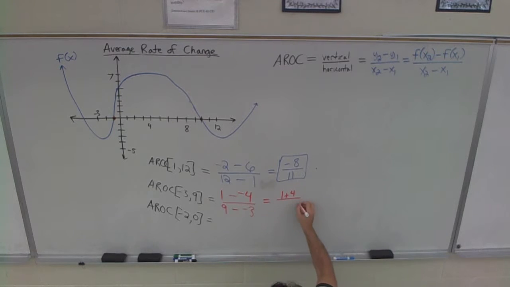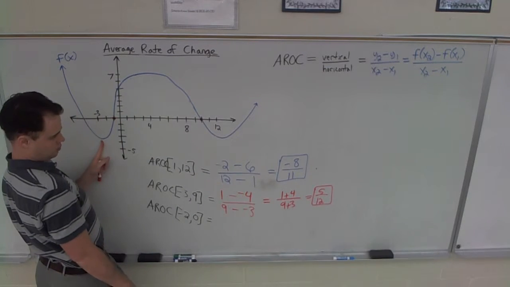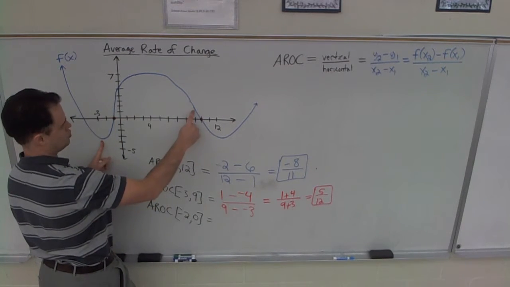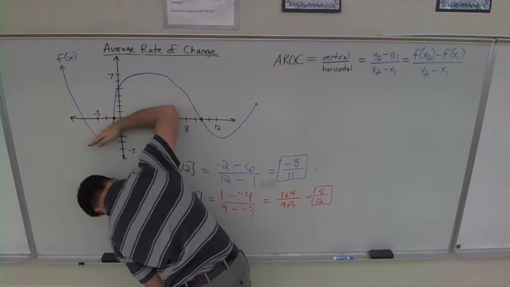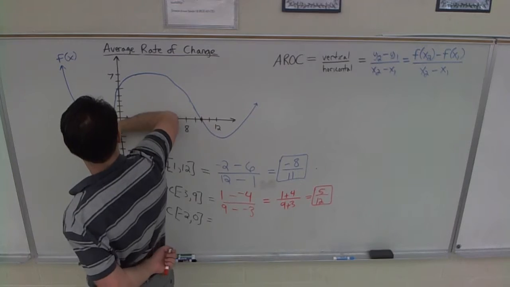You don't have to write this step, but I'm going to. So yes, that's 5/12. 5/12 is kind of like 6/12, which is 1/2, which is flattish. So we should have a flattish positive line between those two spots. So let's just go back and check. Spot 1, spot 2, line. Is it flattish and positive? Yes, it is.